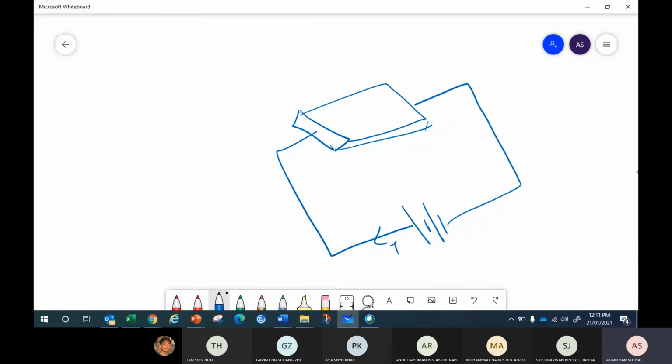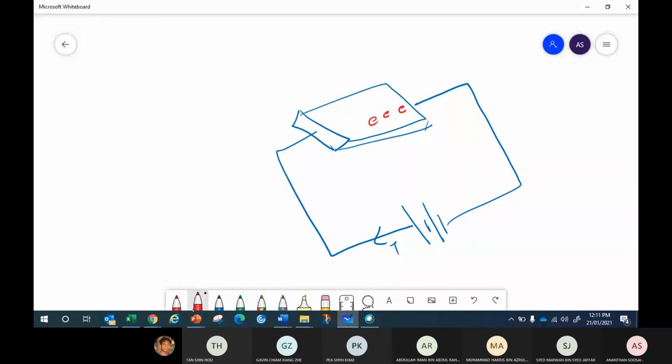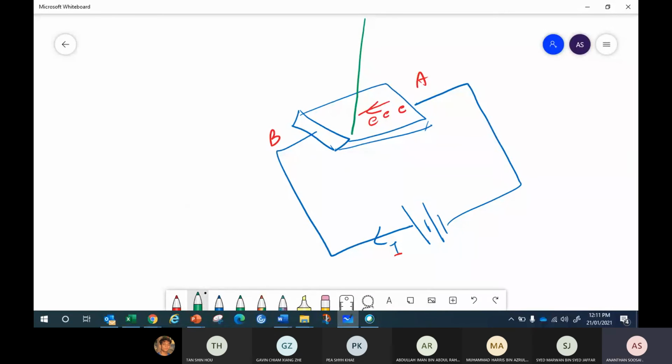The current is flowing this way, but the electrons are flowing the other way, downwards, correct? The electrons will go straight, moving from A to B. Now let's say a magnetic field is applied.